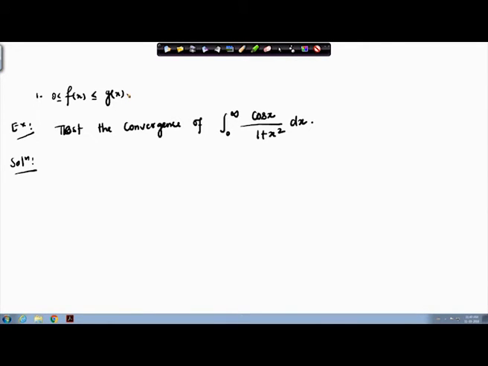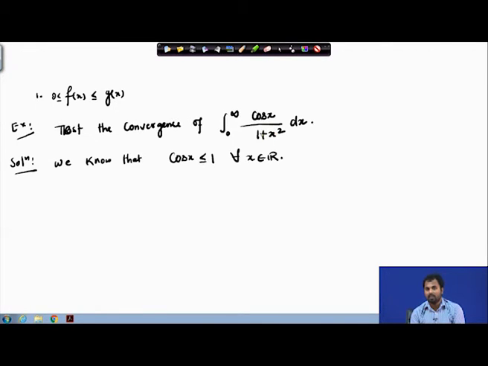Looking at cos x, we know that cos x is less or equal to 1 for all x in R. Since we know this, it is pretty much intuitive to use a comparison test of inequality type, because sometimes, looking at the integral, you can make out what kind of comparison test you need to use.